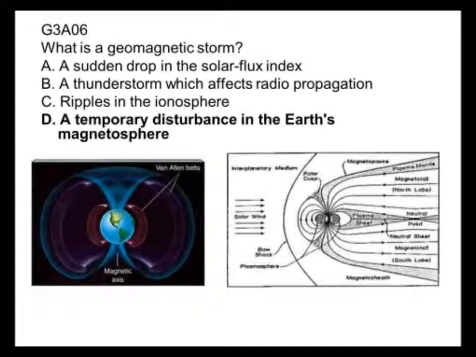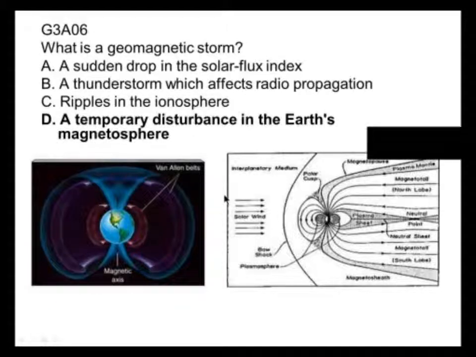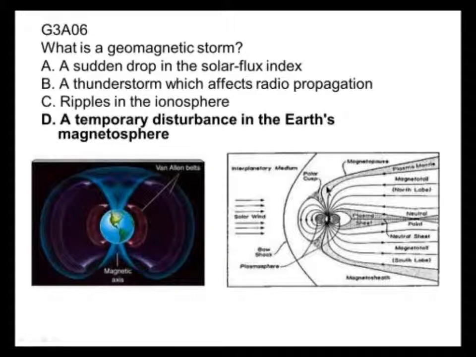It's a temporary disturbance in the Earth's magnetosphere. The Earth has a magnetic field around it that's called a magnetosphere, and solar wind, particles coming from the sun, can disturb that magnetosphere. A geomagnetic storm is a temporary disturbance in the Earth's magnetosphere.